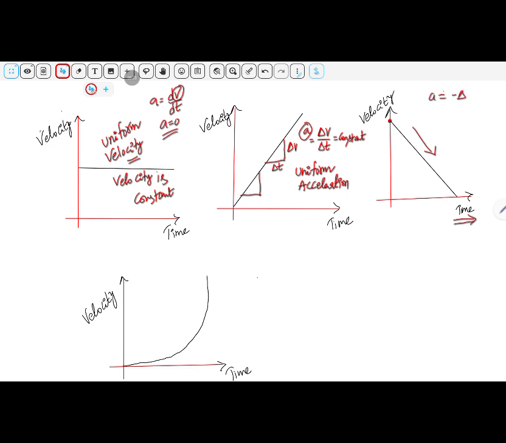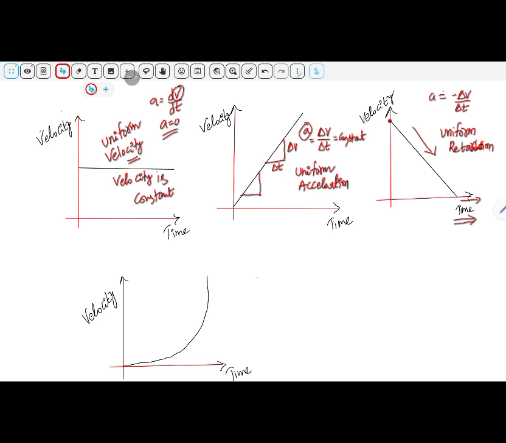Okay, we can consider this as minus delta v by delta t. So if second graph is the graph for uniform acceleration, third graph is the graph for uniform retardation, okay, or uniform deceleration, because the velocity is getting reduced slowly with the increase in time.